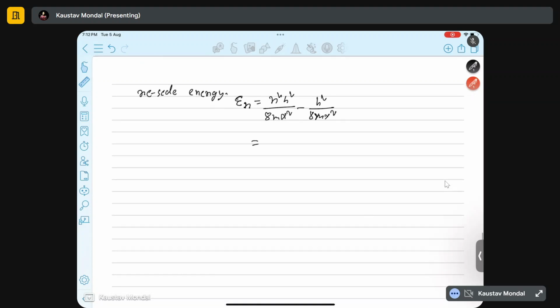So this gives you n square minus 1 times h square over 8 m x square. This is the expression of the nth energy.